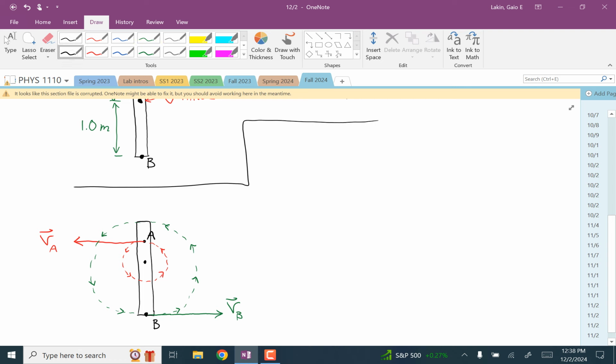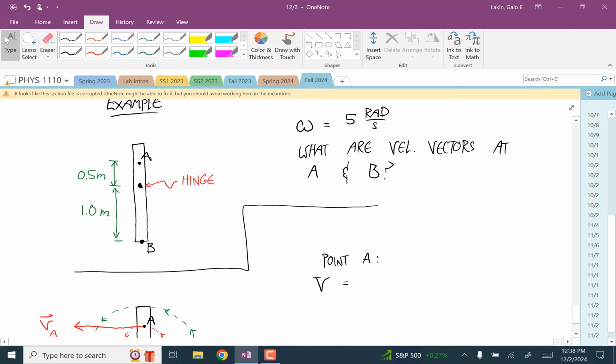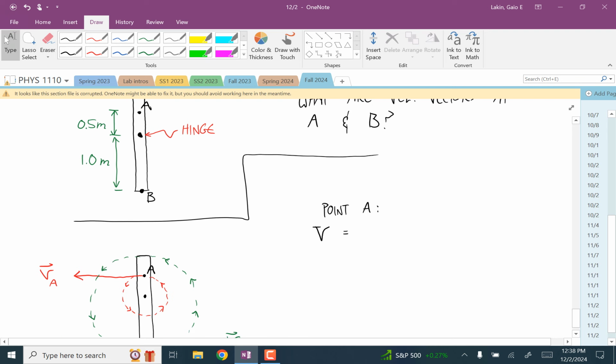Okay, so now that we have the directions, we need to come up with the magnitudes, the speeds at these points. At the point A, the speed is equal to the absolute value of 5, times the distance from the hinge to the point A, which is 0.5.